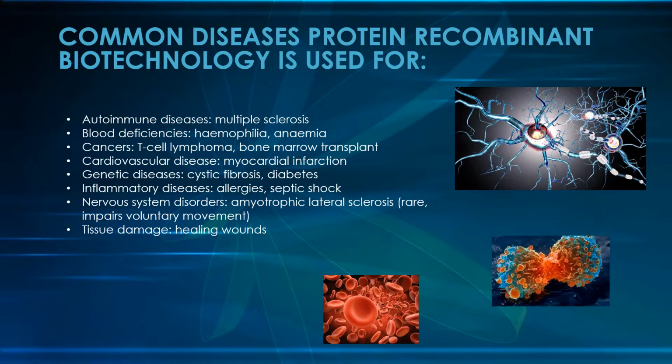We have autoimmune diseases such as multiple sclerosis; blood deficiency, so hemophilia or anemia, which is probably the most well known, that's low blood cell production; cancers, so T-cell lymphoma and also bone marrow transplant; cardiovascular disease, so that's myocardial infarction; genetic diseases, so cystic fibrosis and diabetes; inflammatory diseases such as allergies and septic shock; nervous system disorders, so amyotrophic lateral sclerosis, a rare disorder, however quite detrimental as it does impair voluntary movement.